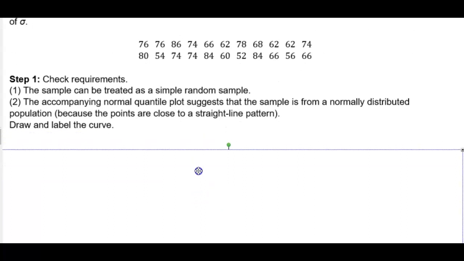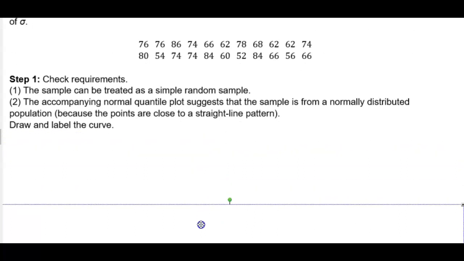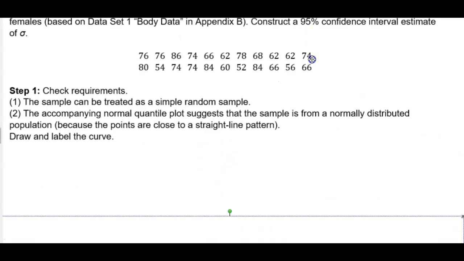Now we want to be able to draw and label the curve. Since we're going to look for the 95% confidence interval, for the 95% confidence level, we're going to do the following. We first need to find the areas in the tails.